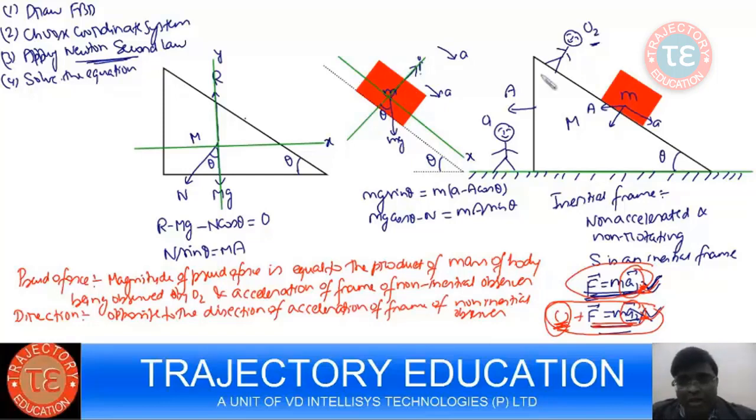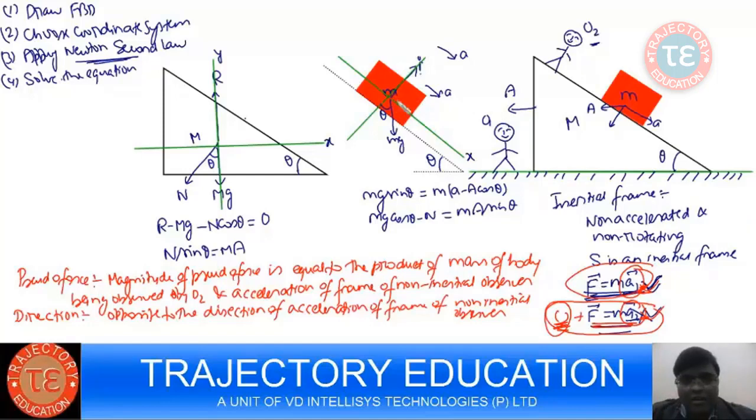Suppose I want to write the equation of motion for the block according to O2, and I apply pseudo force. That will be acting in the direction opposite to the direction of acceleration of the frame of the non-S observer. So the frame of the non-S observer is basically the wedge, which is moving in the leftward direction.